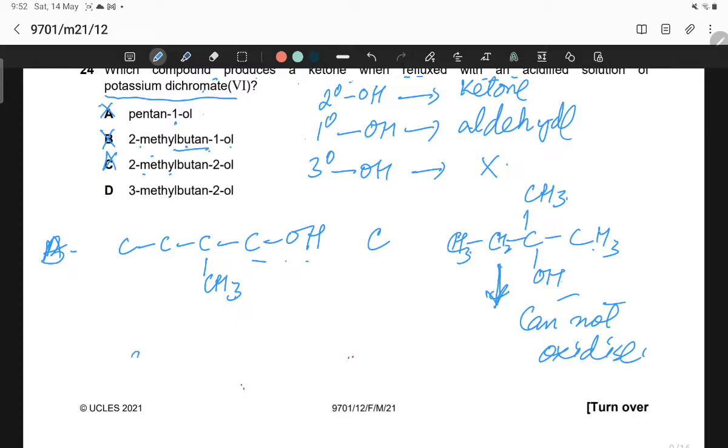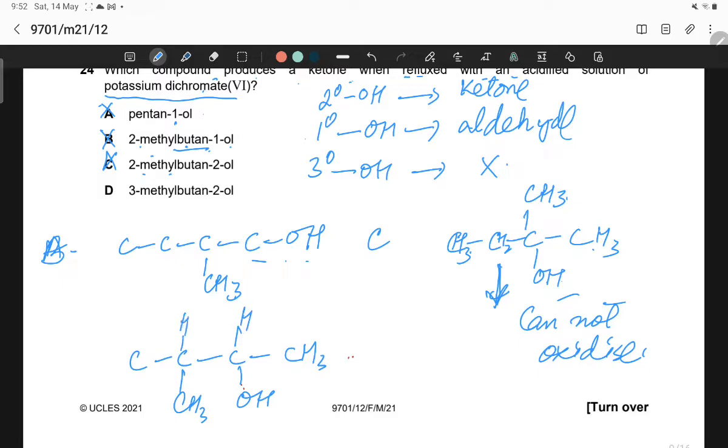3-methyl butane 2-ol, OH, CH3. This compound will be converted into ketone.